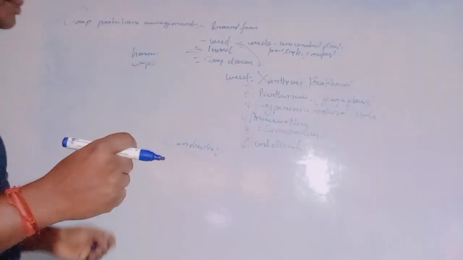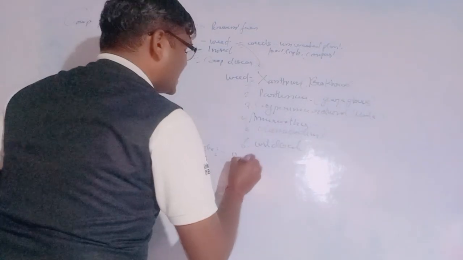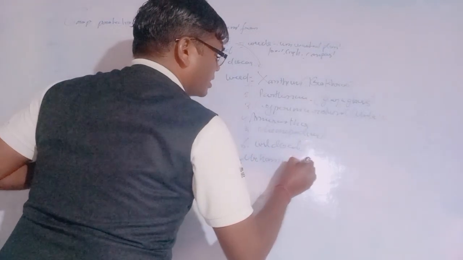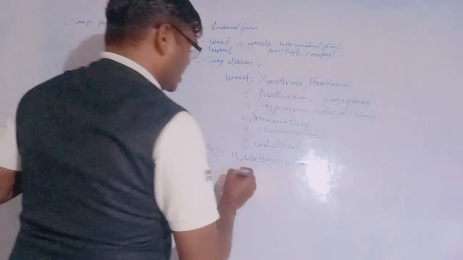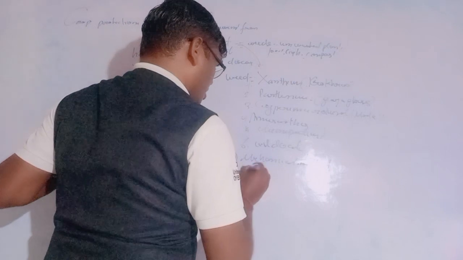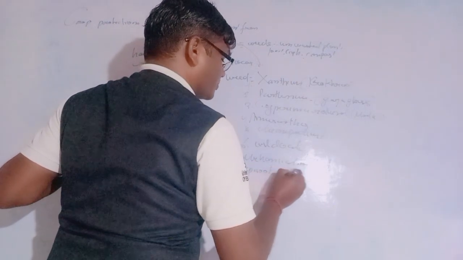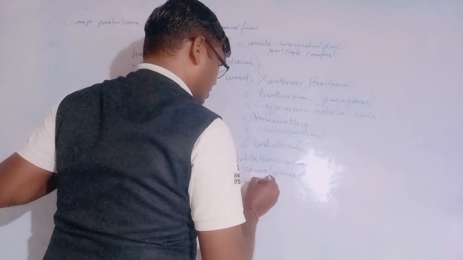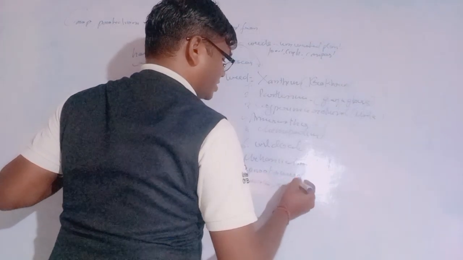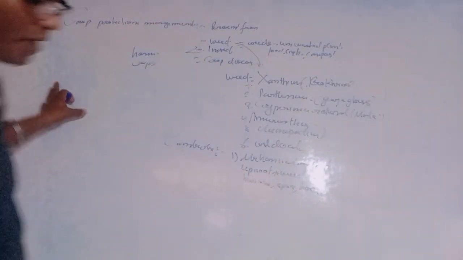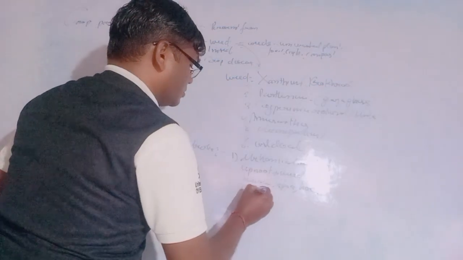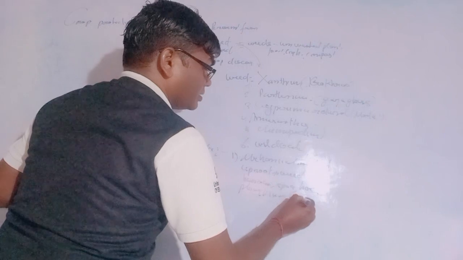There are two methods of controlling weeds. First is the mechanical method. In mechanical methods we uproot weeds with a harrow, spade, hoe, by hand, and by plowing and burning.